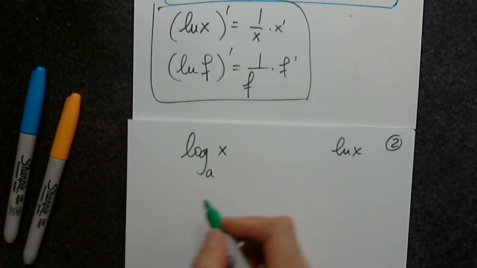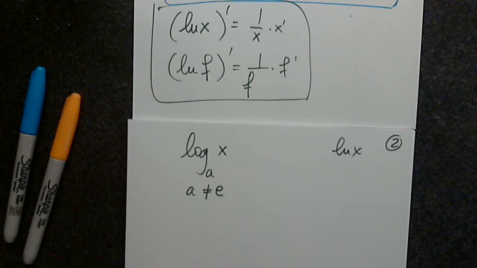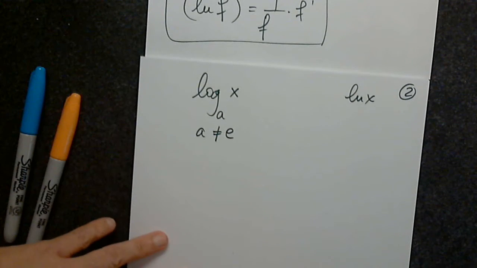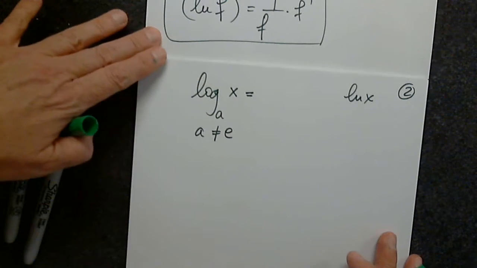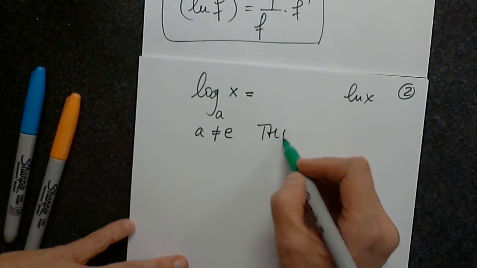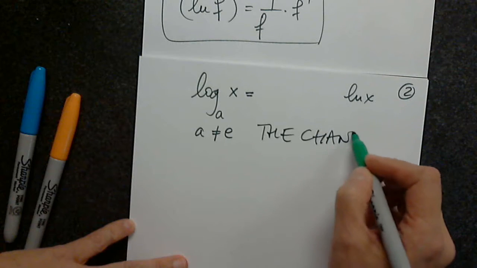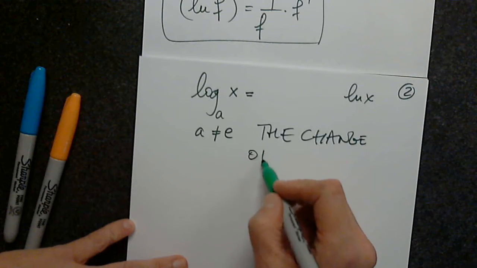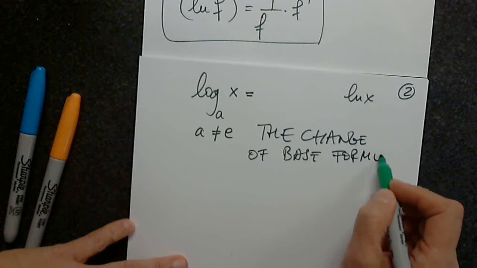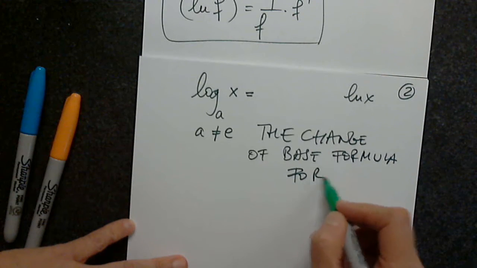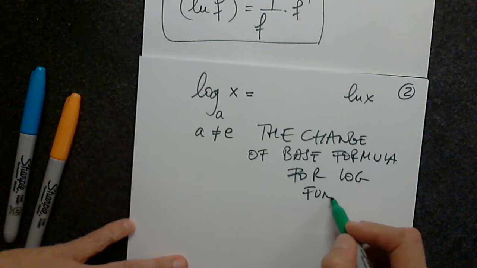So here, A does not equal E. From our past experience with algebra, we know that there is something called the change of base formula for log function.